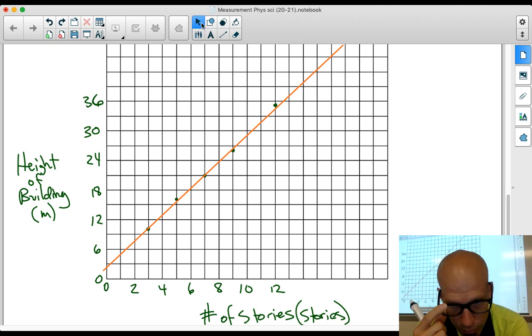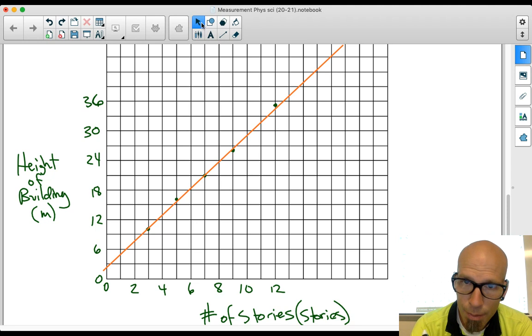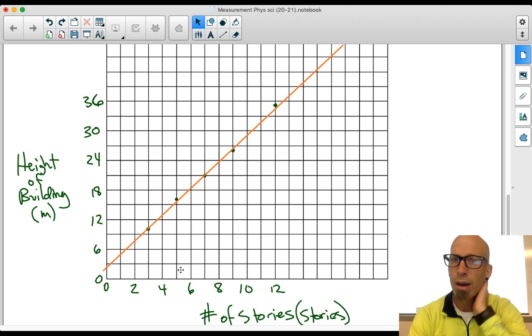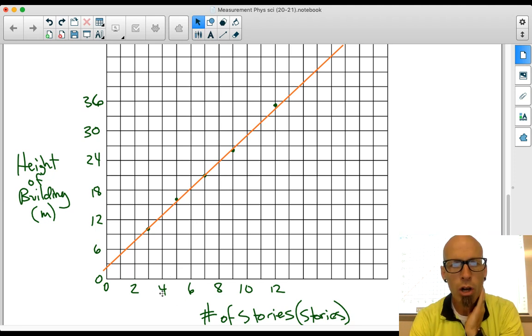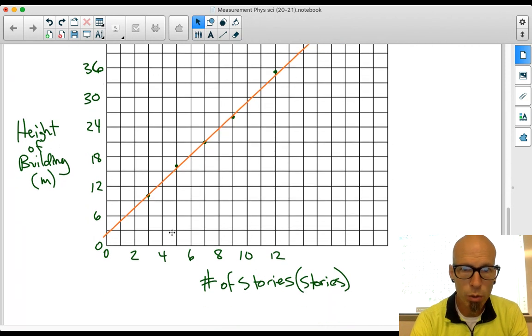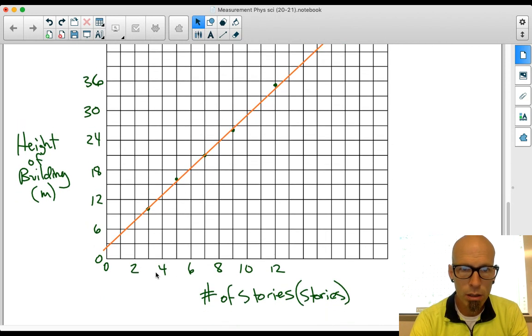All right. Now, a question I might ask, and I asked a couple of these in class: what if I wanted to know how tall a 4-story building is? So you would look at your graph and find where 4 stories is. Well, 4 stories is right over there.